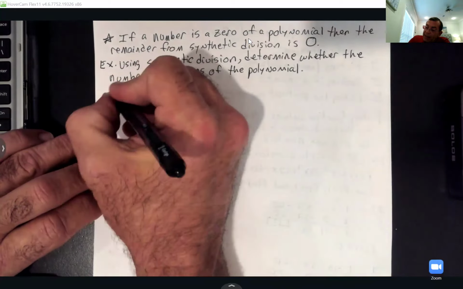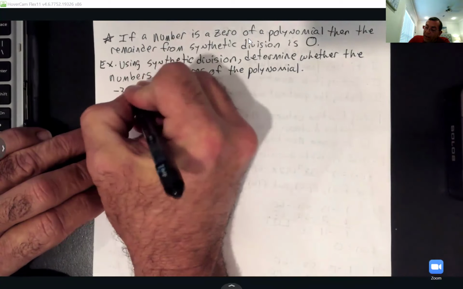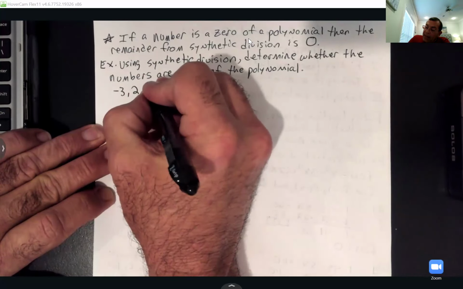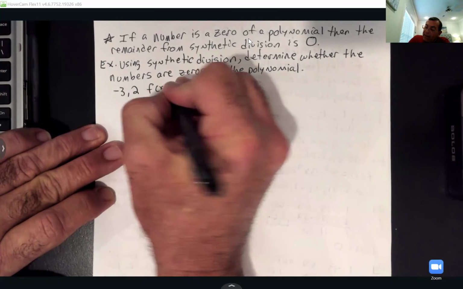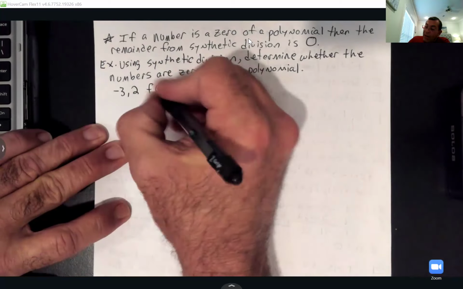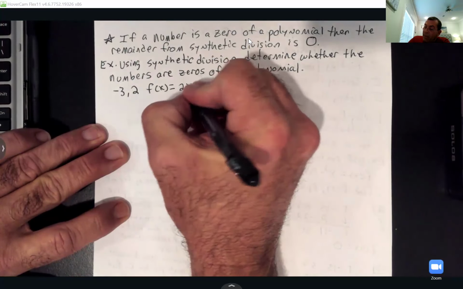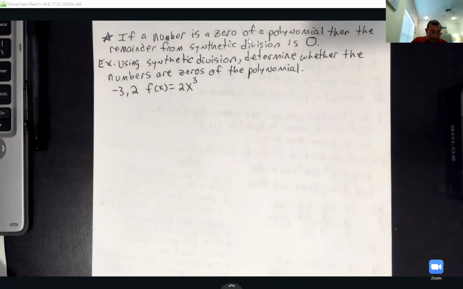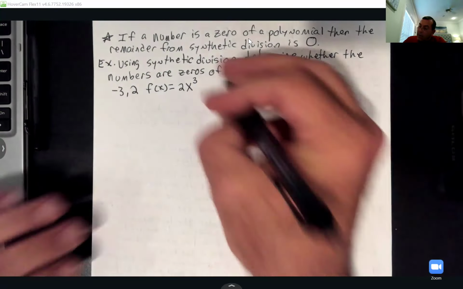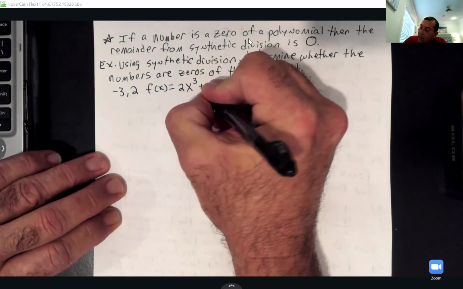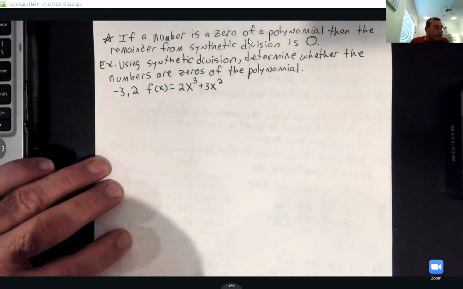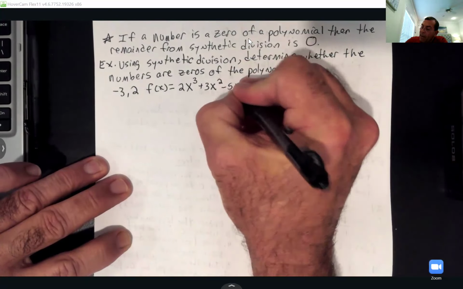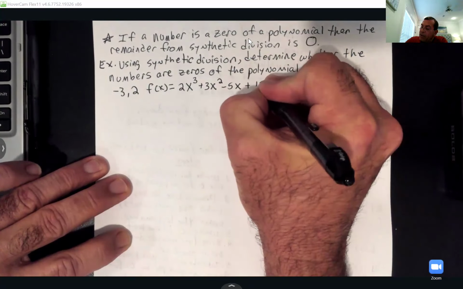The way they write this, they got negative 3, comma 2, and then they say f of x equals 2x to the third plus 3x squared minus 5x plus 12.